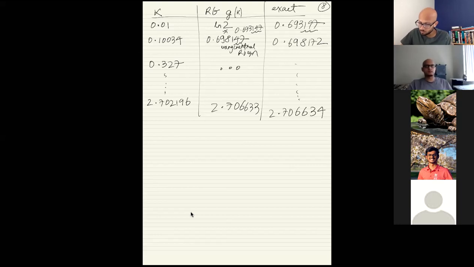There is no reason to stop here. You could keep increasing k. And remember, increasing k is equivalent to decreasing temperature, right? So you can keep increasing k, or you can keep decreasing temperature.